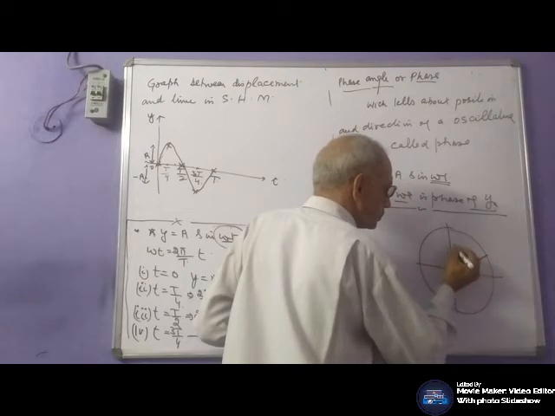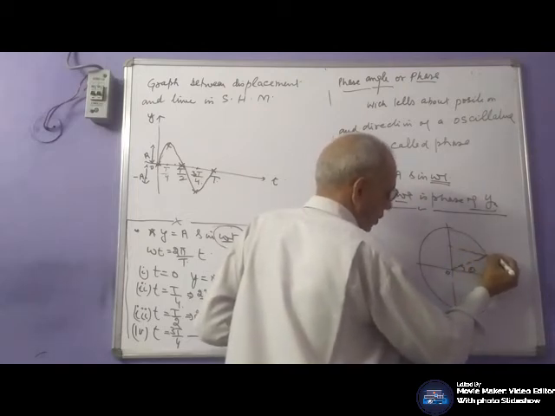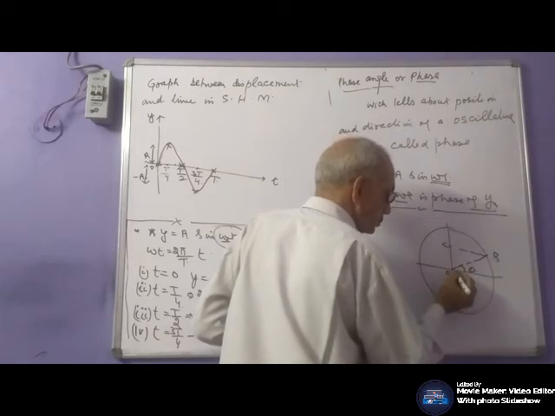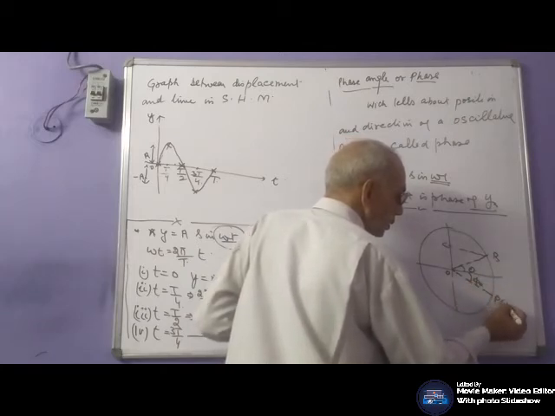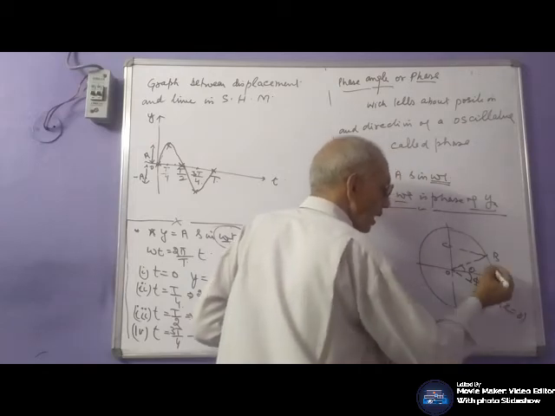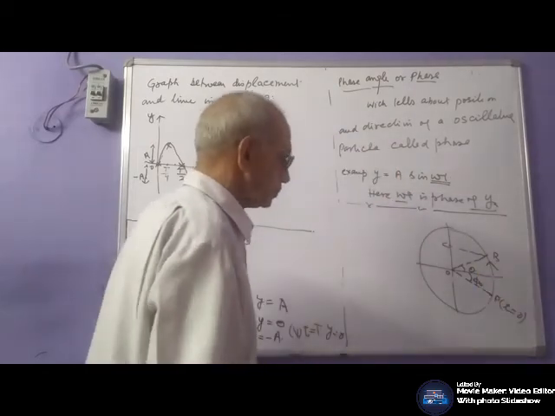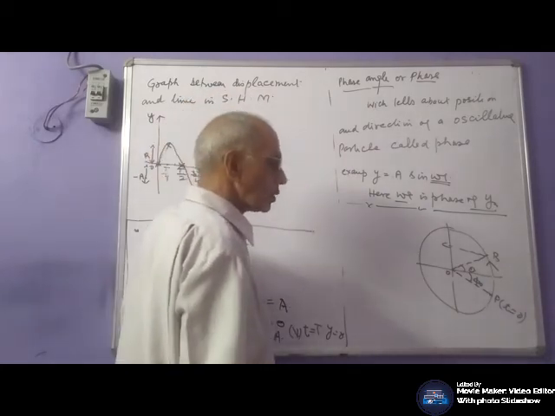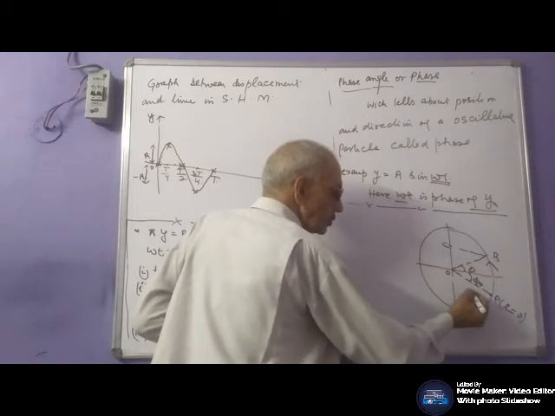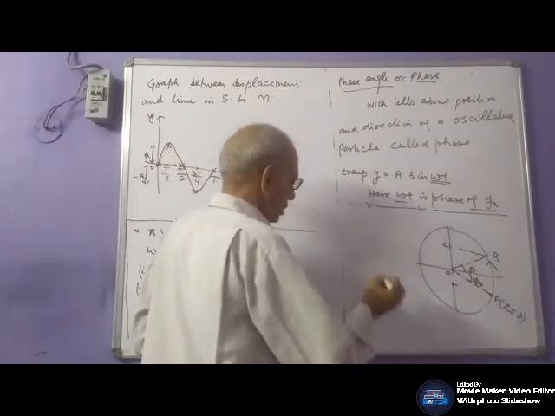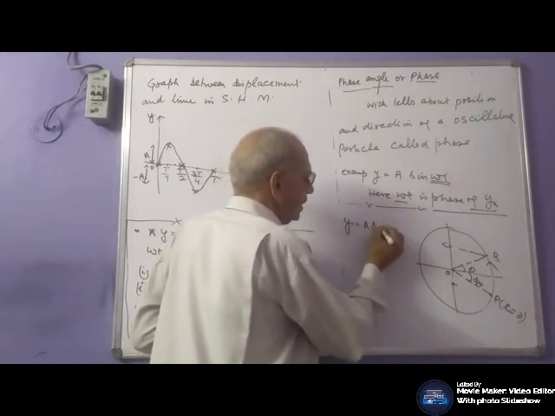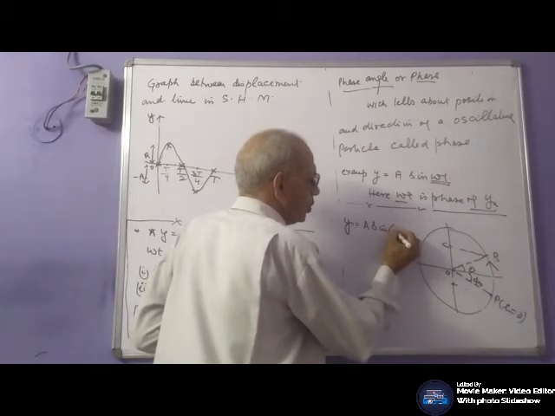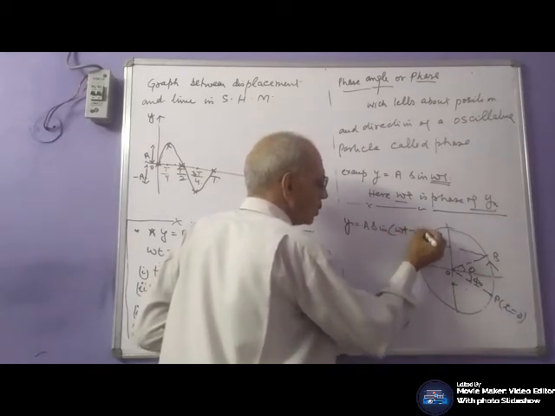This was theta. B, C. Suppose the starting point is here. यहाँ है, ये है डायरेक्शन. Then this will be foot. Then y will be A sin (omega t minus phi naught).